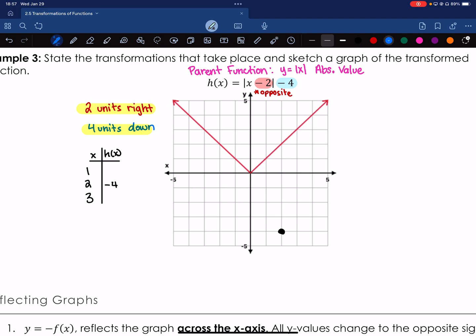So I'll leave 1 on there, so we go right 2, 1, 2, 3, 4, and down 4. And then again, you would do that with another point. So if I had this point right here, right 2, down 4, 1, 2, 3, 4, I'd have a point right there.